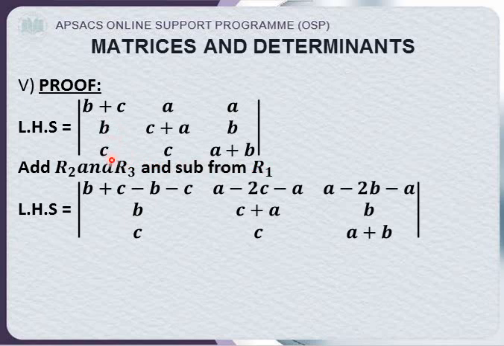So b plus c, and we subtract from row 1: b plus c minus b minus a, minus 2c, minus a minus b, minus a minus b. You can see here minus b minus b is minus 2b. Now row 2 and row 3 are the same.